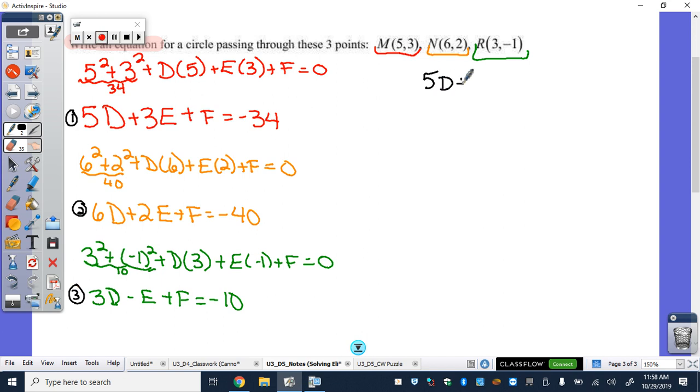So I'm going to line them up over here, just because lining them up sometimes makes it a little easier to see what we're doing. So if we look at our 3 equations that we just made, which letter is going to be the easiest one to knock out probably? F, because those are all coefficients of 1.